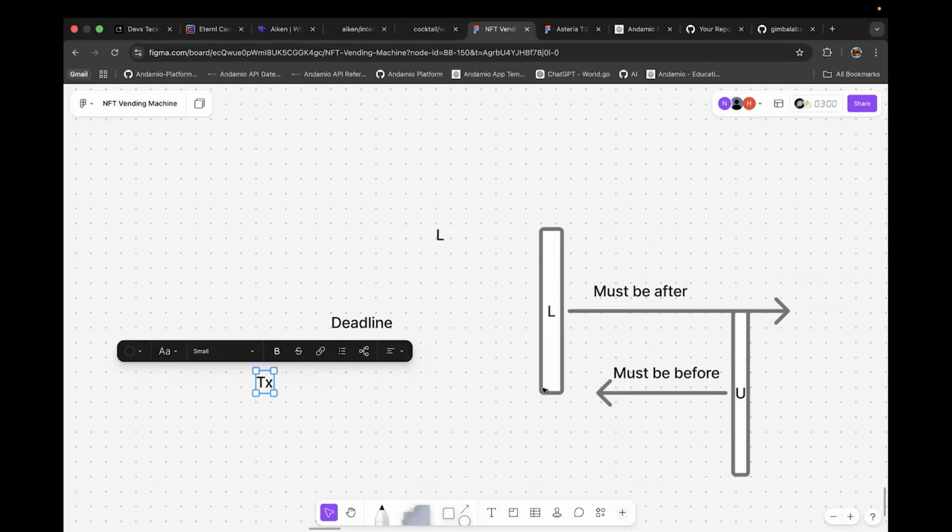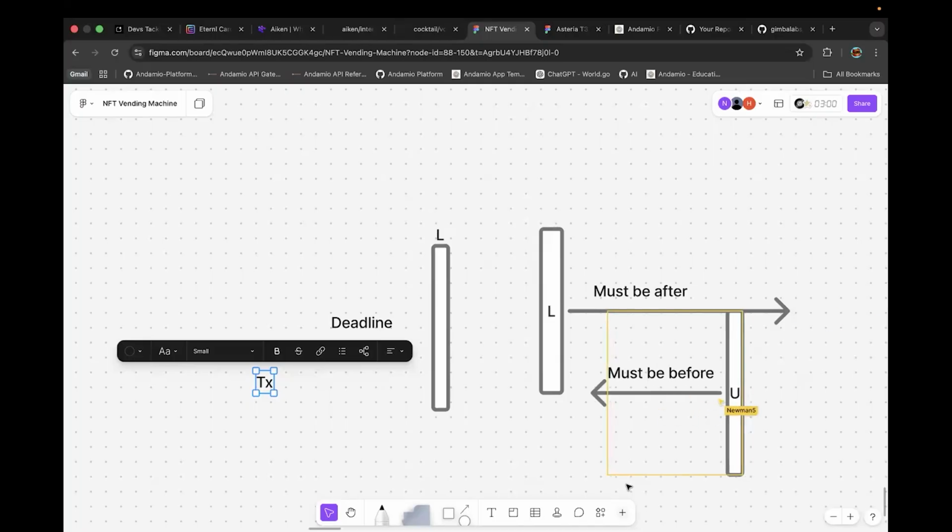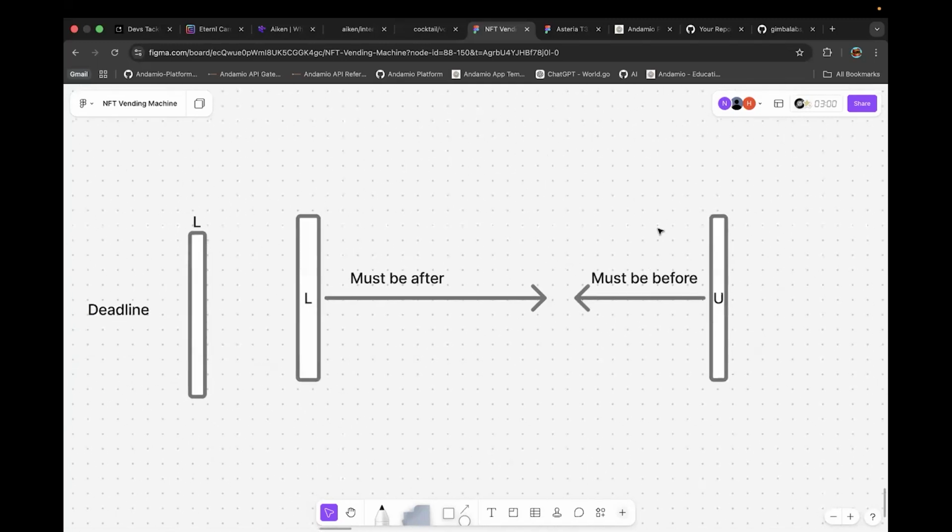I'm just going off of what Gideon suggested. What I'm saying is, Gideon, those graphics can very clearly say it. This is must be after, here is a lower limit, and then must be before, here is an upper limit. So what Gideon suggested is there is no upper limit at the moment. It is positive infinity. We are just considering one lower limit.